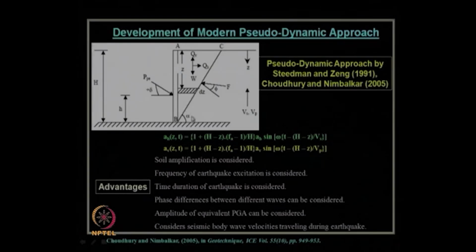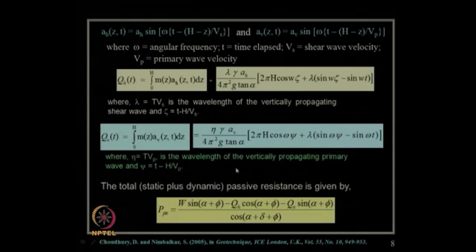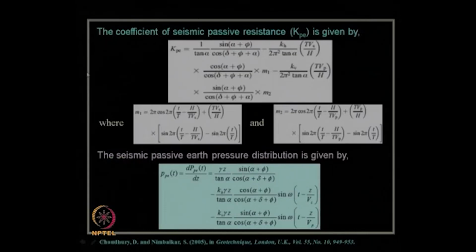Remember, in the static case we need to optimize only with respect to the chosen failure plane angle alpha, but in the dynamic problem you have to optimize not only with respect to alpha, but also with respect to the duration of earthquake in terms of the frequency of earthquake. How it has been done, I will come to that now.